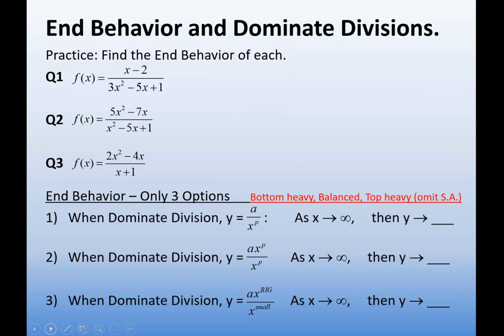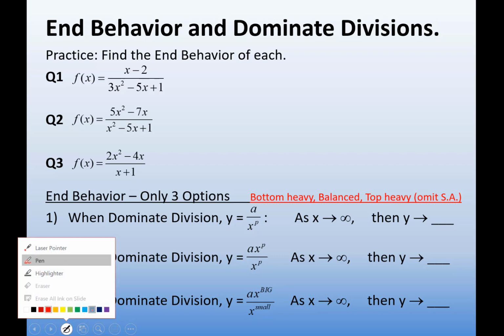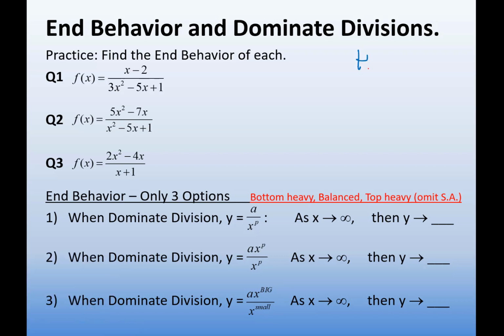Here I have a collection of polynomials, and I want to find the horizontal asymptote. It is an equation of a line. It's y equals something.